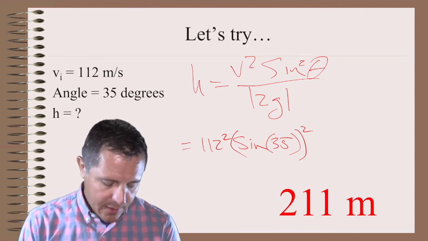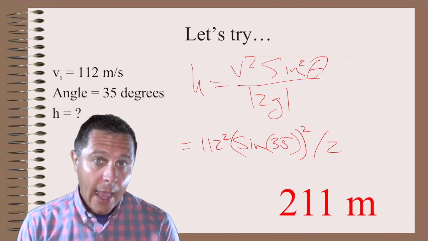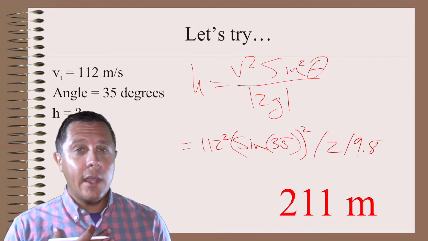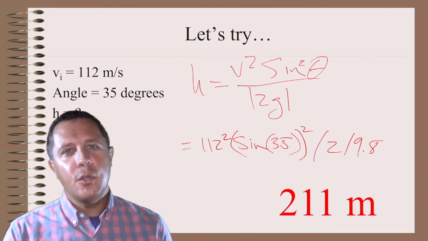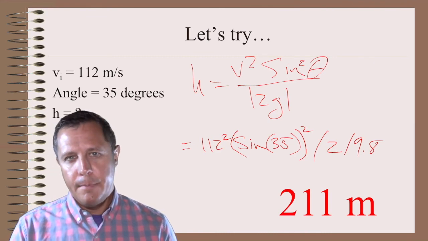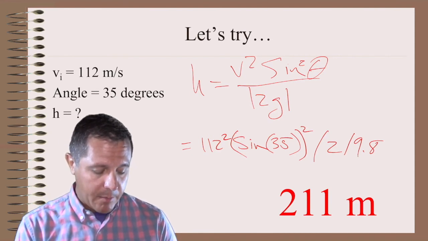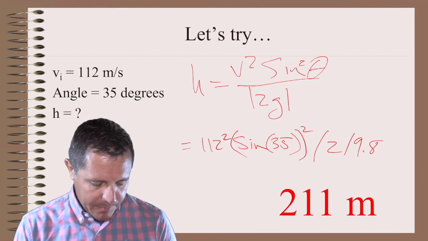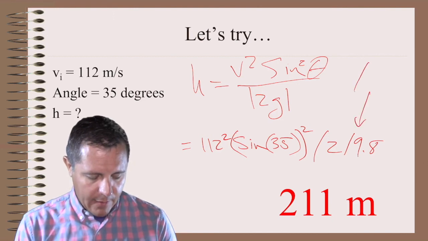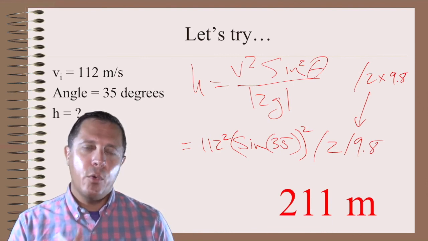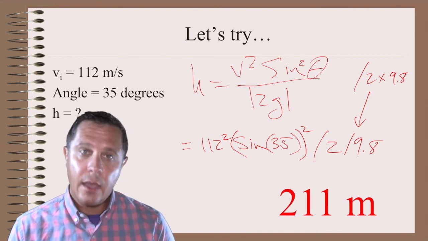Okay? And then divided by 2, and then divided by 9.8. Now, this is the way I would do it to make sure both the 2 and the 9.8 are down below. What some students might make a mistake of doing, and again, this is another common mistake that students will do, is sometimes they would have divided by 2 times 9.8, and they get a wrong answer, because the calculator would think that the 9.8 is up top with the other values.